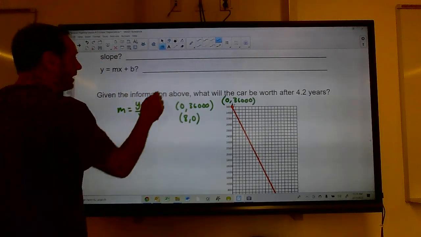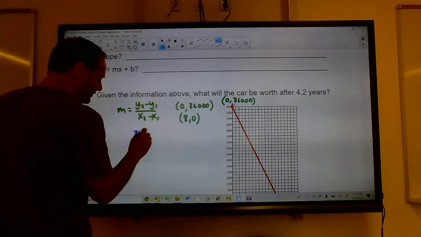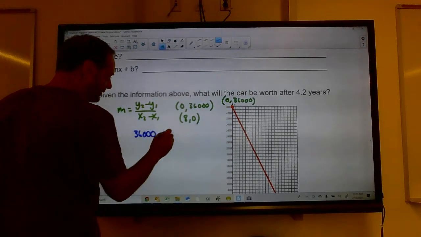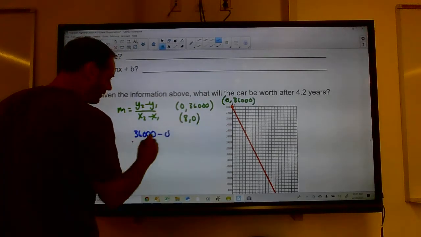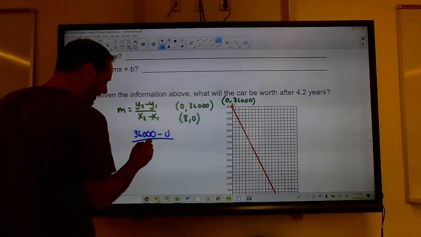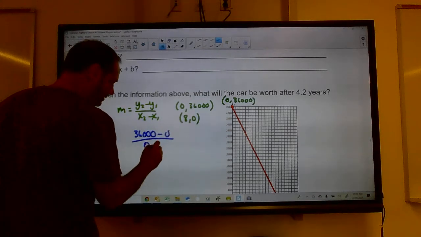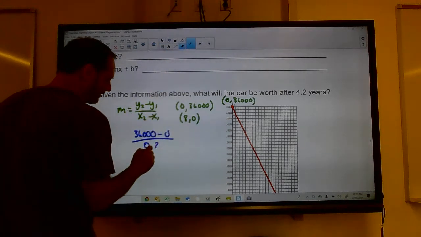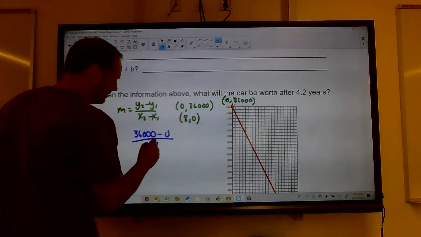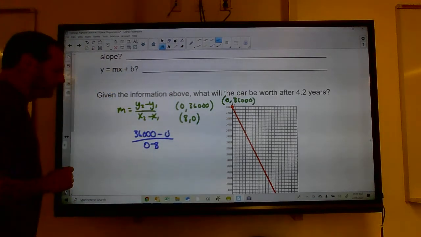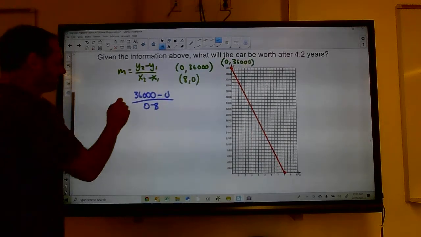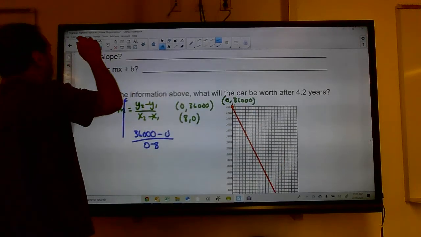It's going to be 36,000 minus 0, y2 minus y1, over x2 minus x1. That's my slope.